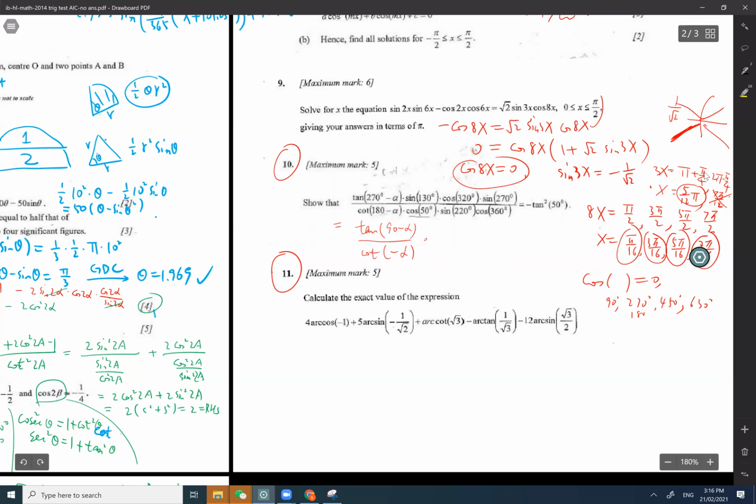Sine 130 is the same as sine 50. Cos 320 is the same as cos 40 degrees. Sine 220 is the same as negative sine 40. Sine 270 is negative 1. Cos 360 is 1.